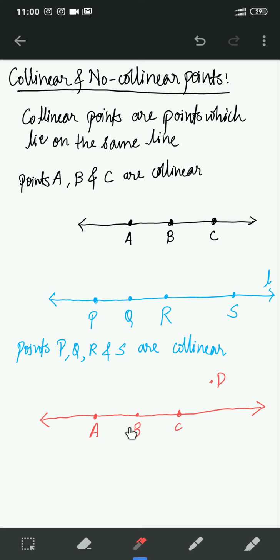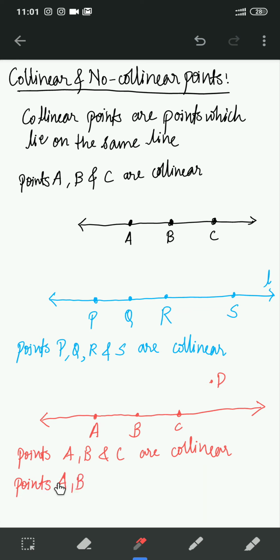Points A, B and C are collinear, but if I bring in the 4th point, point D, it is not lying on the same line with A, B, C. So therefore I will say points A, B, C and D are non-collinear.